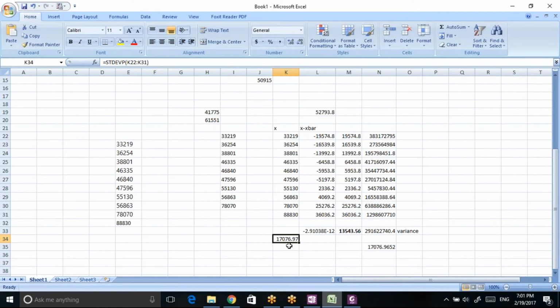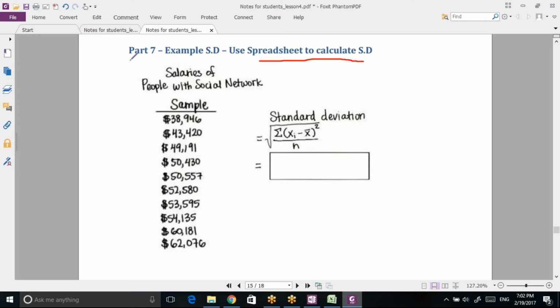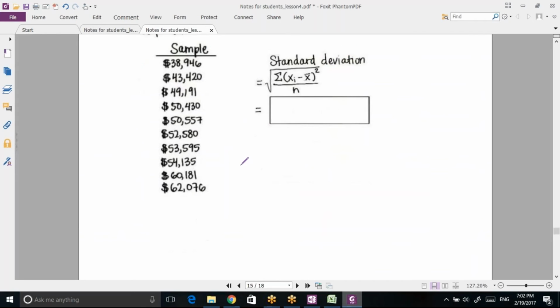STDEVP is the function. So from now onwards, I'm not going to do it the bigger way. I'm just going to do it this way only. Clear? Good. So this question you can do as homework. Just put this in a spreadsheet and use STDEVP.